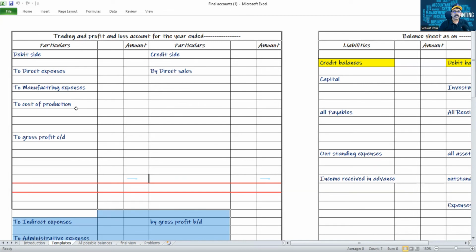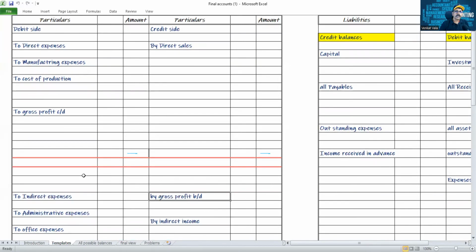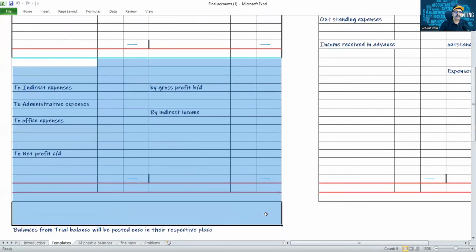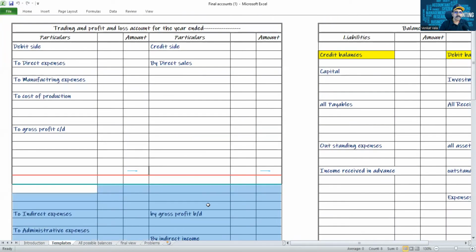So sales is direct income, which will be recorded on the credit side of trading account, and by finalizing trading account, we'll be getting gross profit, and that gross profit will be brought forward to P&L account. The second half of the statement is called P&L account, that is profit and loss account.